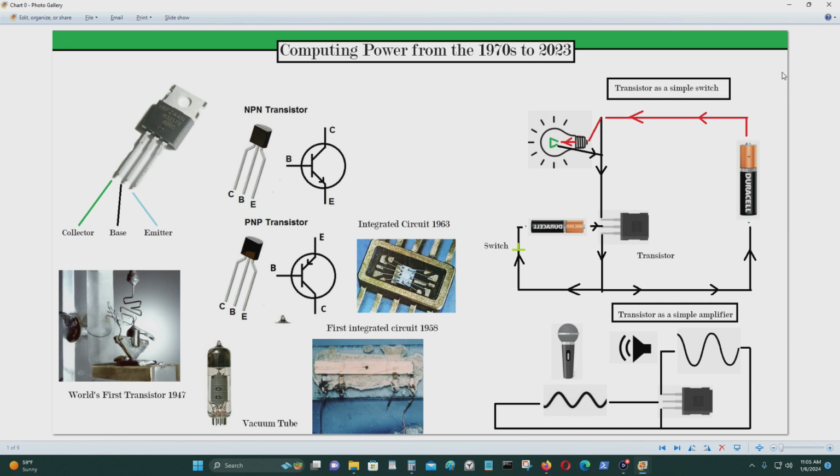And I'll just demonstrate to you in a very simple way what a transistor does. So transistors can be used as a switch. In computers, it would be called binary code. 1 for on and 0 for off.